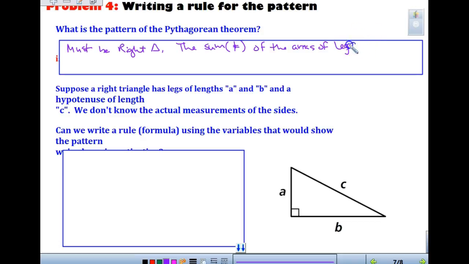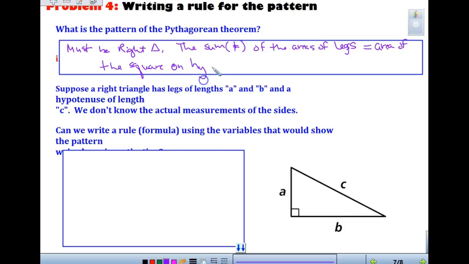That means you're adding the small area, right, plus the small area. The sum of the areas of the legs is equal to the area of the square on the hypotenuse.